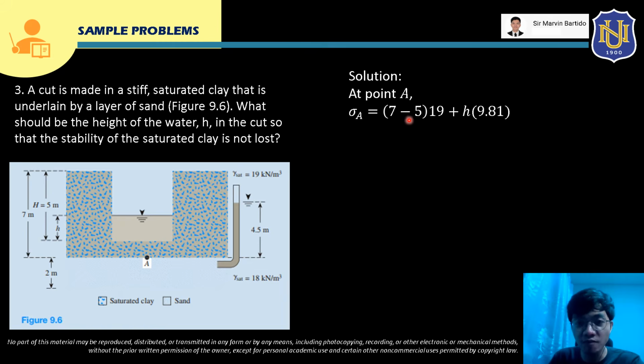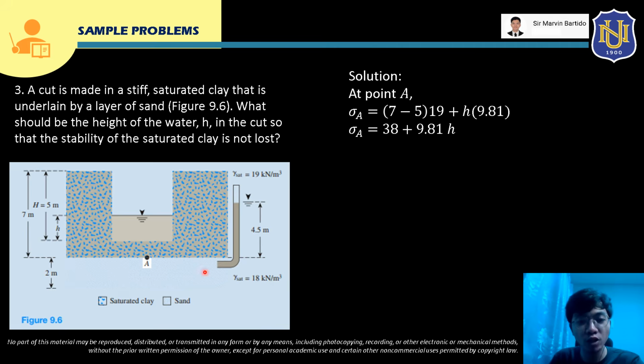So this will be 7 minus 5 times 19. For the water, it will be H times the unit weight of water, 9.81. So the total stress at A will be 38 plus 9.81H.